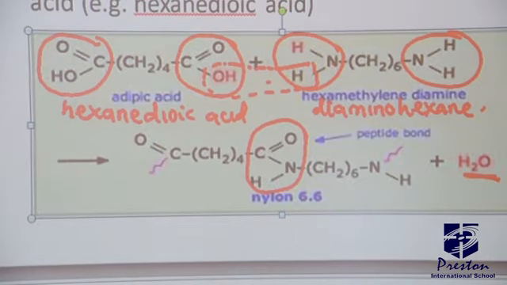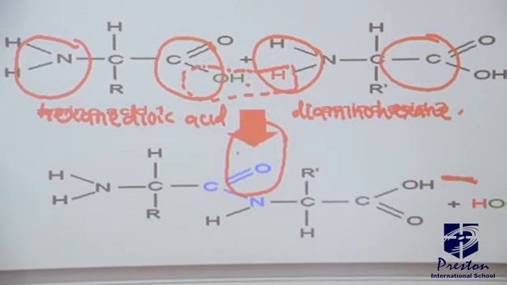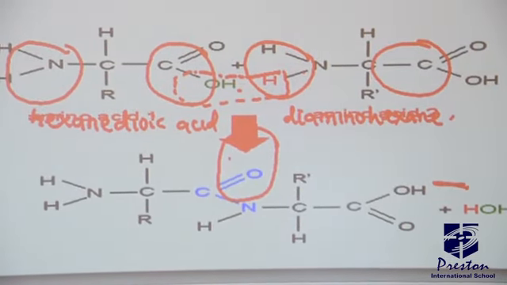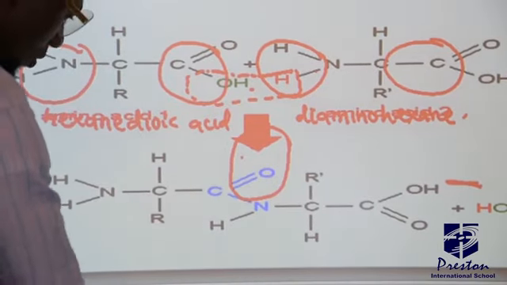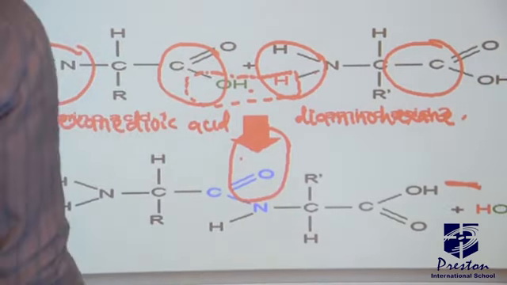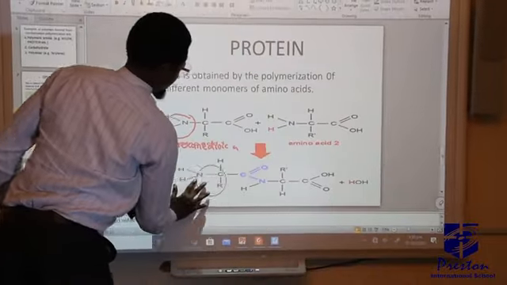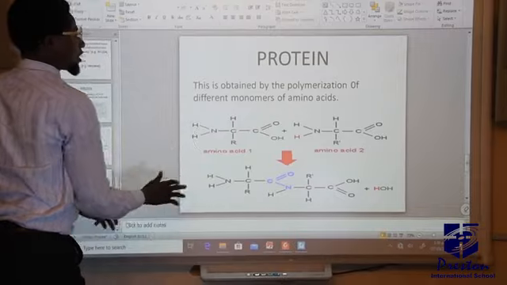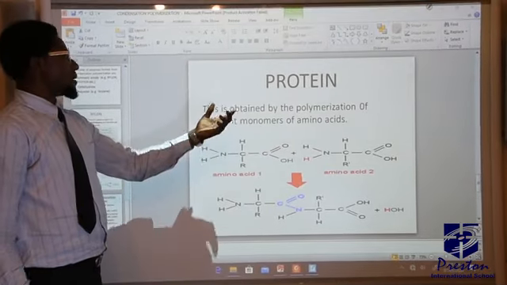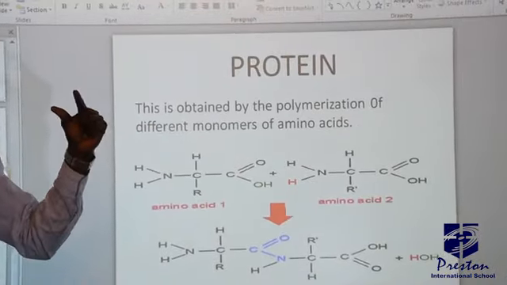All right, let's look at protein. This is protein. This is obtained by polymerization of different monomers of amino acid.